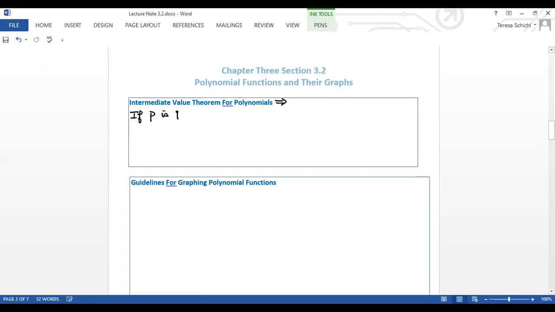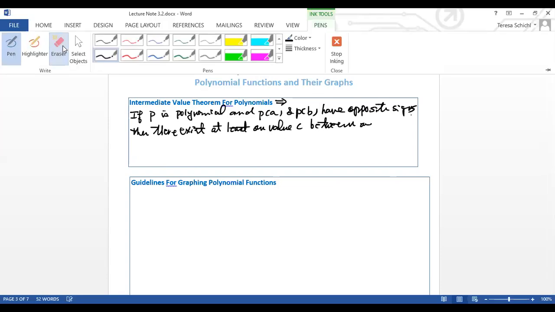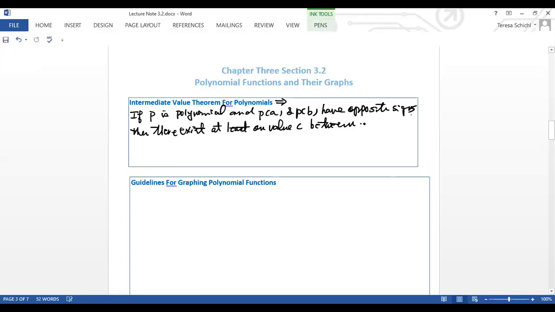It says if P is a polynomial, and you have two values P(a) and P(b) that have opposite signs, then there exists at least one value of c between a and b for which P(c) equals 0.